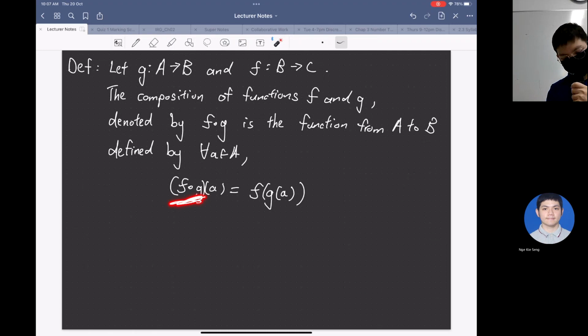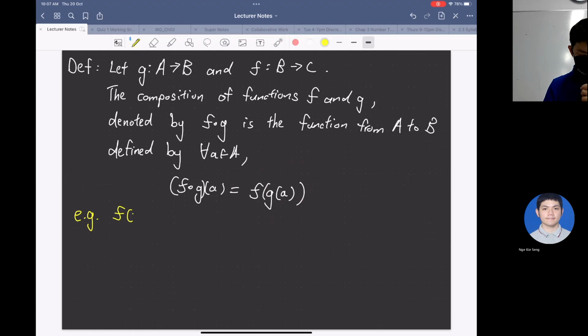This is the function. I give you an element in the domain, you give an element in the codomain. So this is the difference of the notation here. Okay, you want an example?